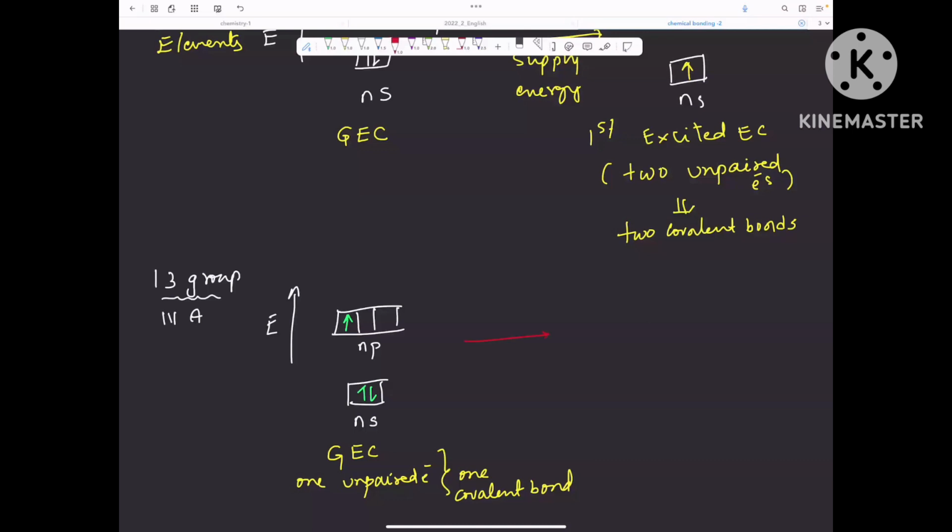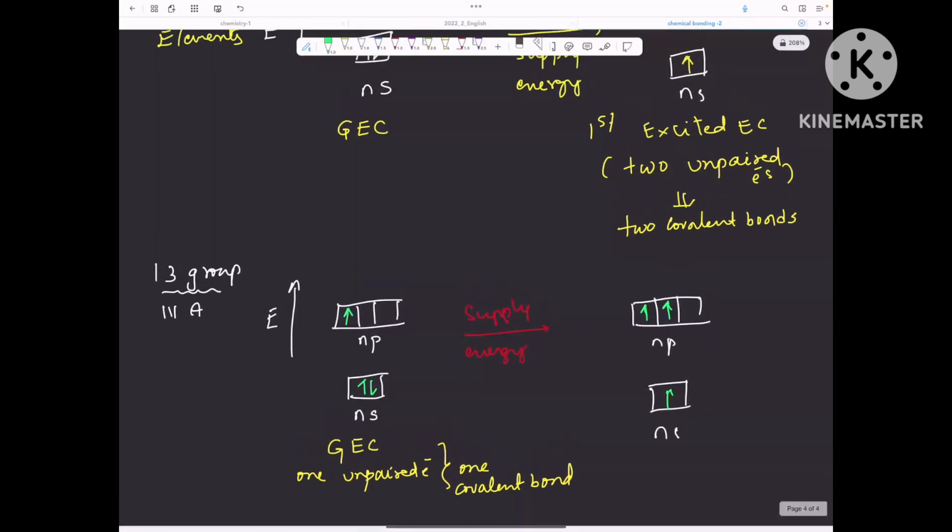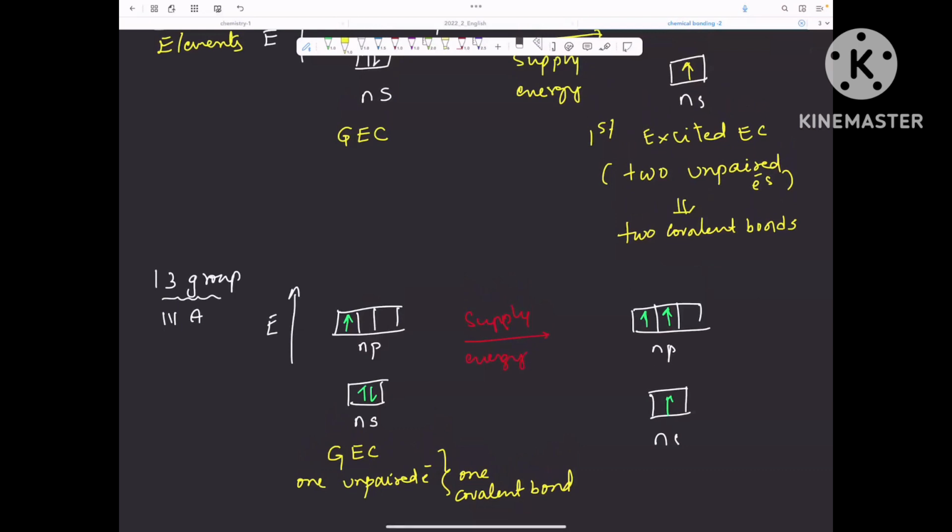Now supply energy. Then what happens? This is the ns and this is the np. One of the electrons gets excited to the np state. So now this electronic configuration is called first excited state.